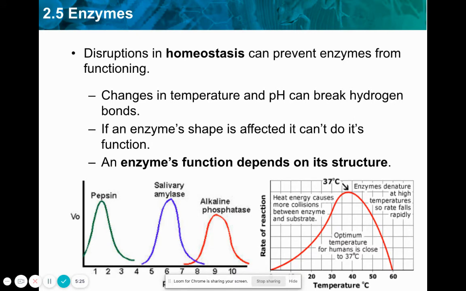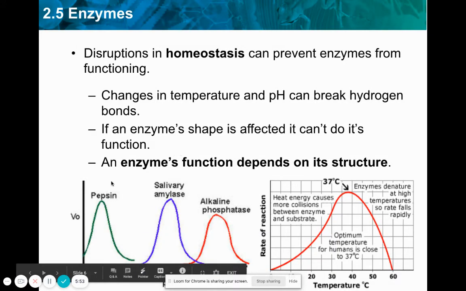So in the body, if the temperature gets too hot or pH gets too acidic or too basic, that's going to change the shape of this enzyme. We call it denatured. Okay, it's going to ruin its shape. And if the shape of this enzyme is ruined, then it can no longer do its job. Structure and function are extremely important.